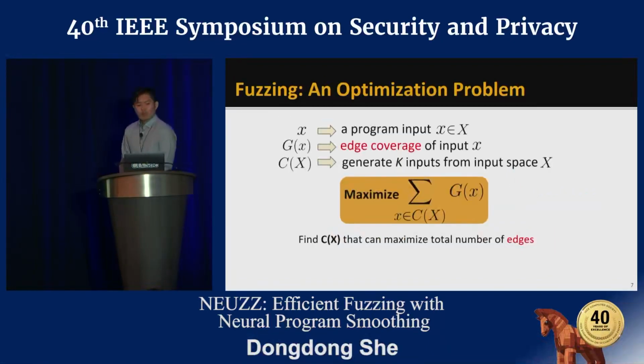So to solve this problem, modern fuzzers turn to an easier target, edge coverage, rather than the number of bugs. Simply because, in practice, the more edges a fuzzer can explore, the more likely it can uncover a bug. We define g(x) as the number of edges taken during execution of input x on the target program. And the objective function now tends to maximize the total number of edges by finding an optimal set of inputs x.